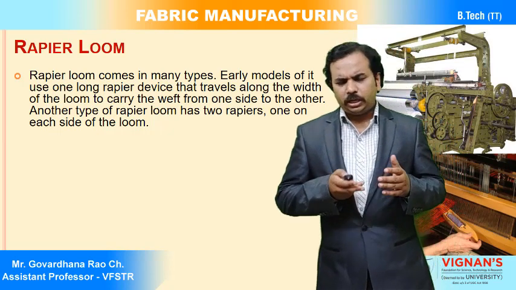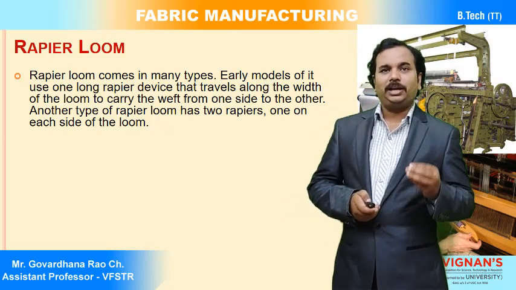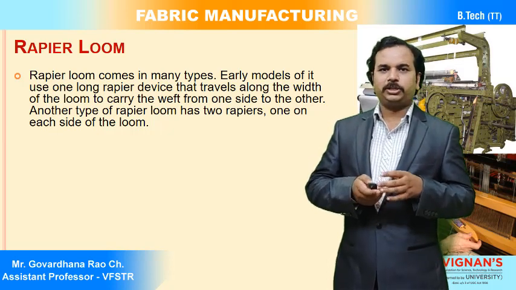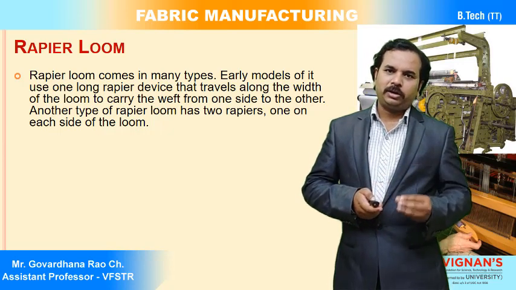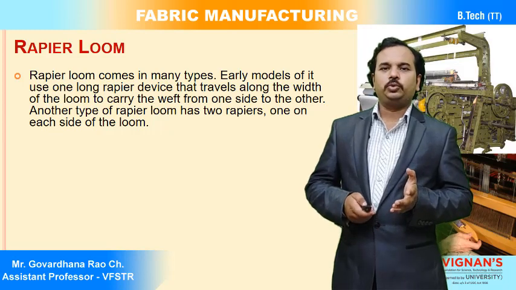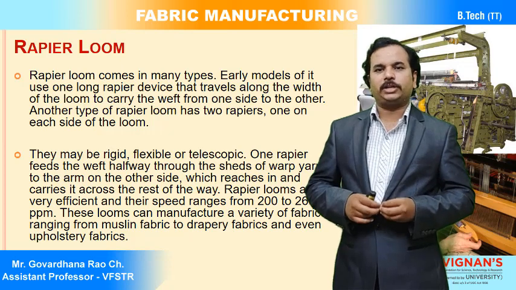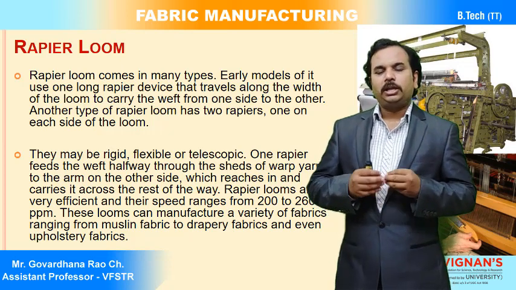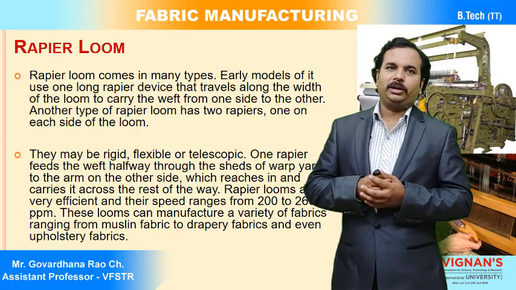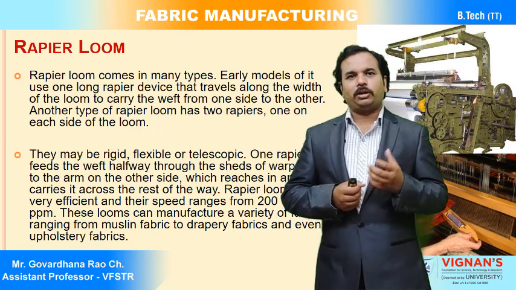To carry the weft yarn across, there is an element called the rapier. There are 1 rapier or 2 rapiers, depending upon the machine. If it has one rigid rapier, this is called a single rapier weaving machine. If 2 rapier heads are involved to transfer the weft yarn from one side to the other, this is called the double rapier system. They may be rigid or flexible or telescopic.